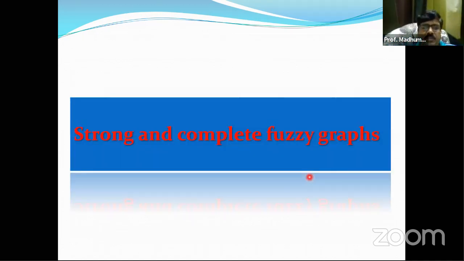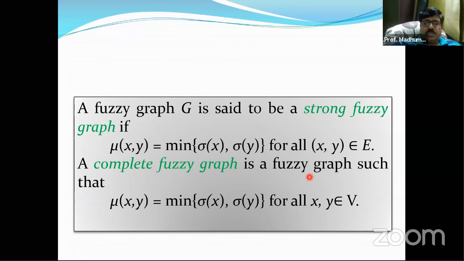Now I define another variation of fuzzy graph, the strong fuzzy graph and complete fuzzy graph. So this is the condition. If this condition is satisfied for all edges, then that particular fuzzy graph is called the strong fuzzy graph. And if this condition, mu xy equal to minimum of sigma x, sigma y, this equality condition, is satisfied for all x, y belonging to V, it means this condition is true for every pair of vertices.